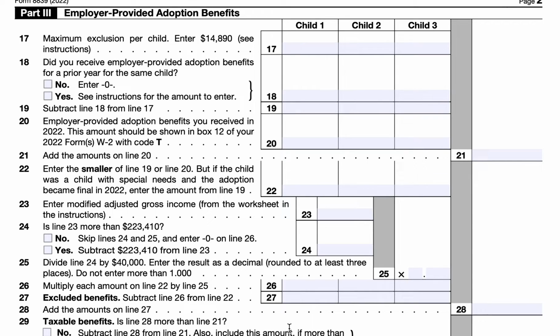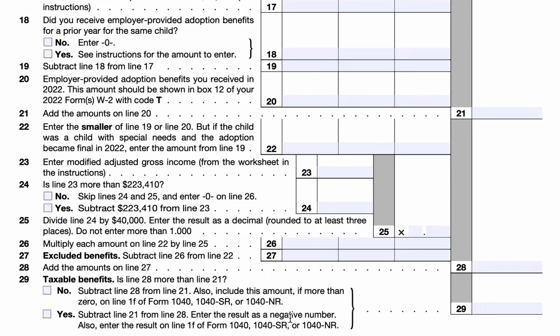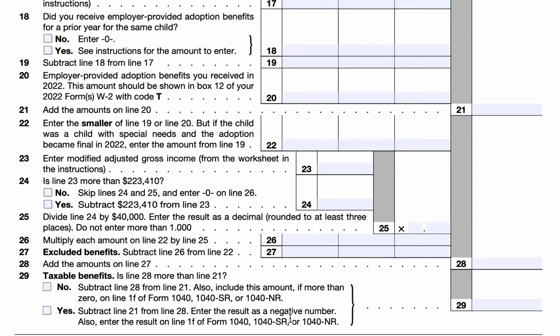In line 27, you will subtract line 26 from line 22, resulting in your excluded benefits. In line 28, you will add the amounts on line 27. And on line 29, if line 28 is not more than line 21, then you will select no. You will subtract line 28 from line 21.